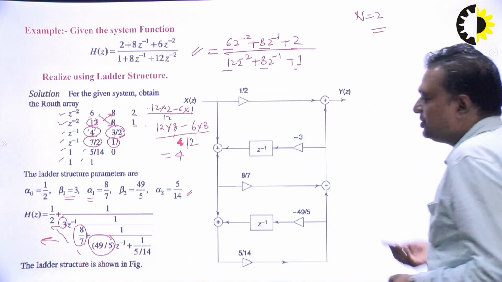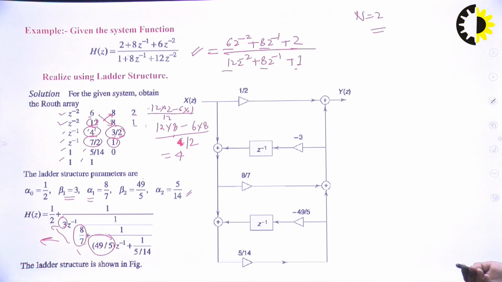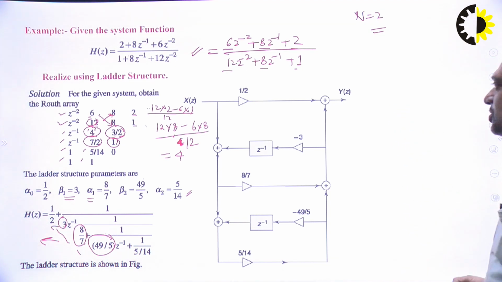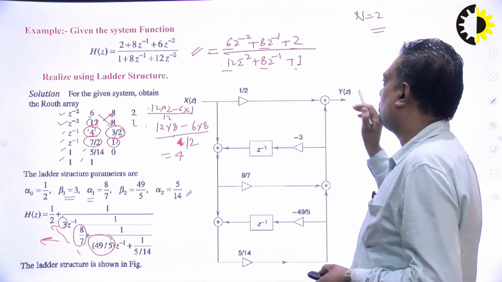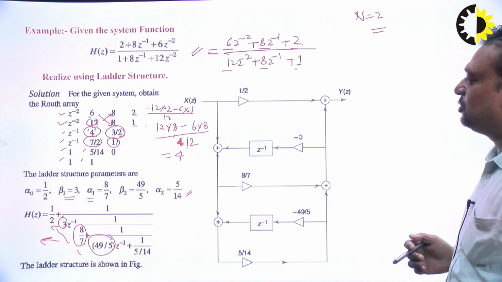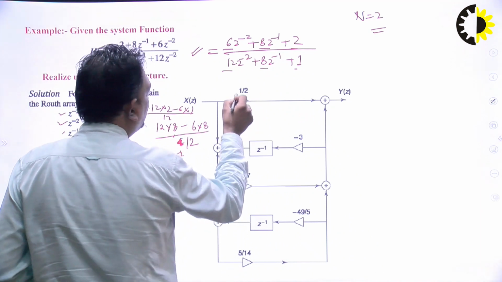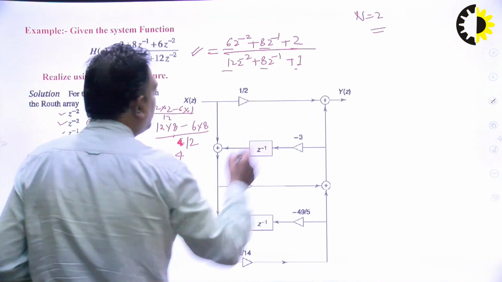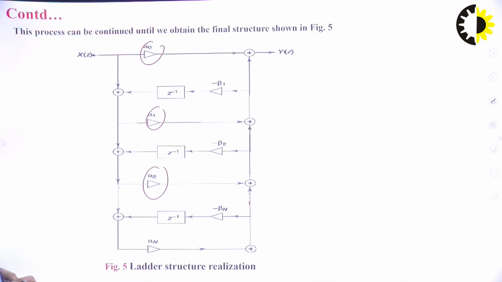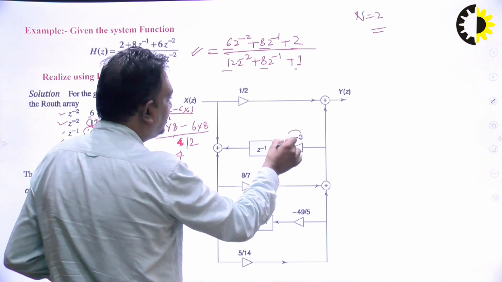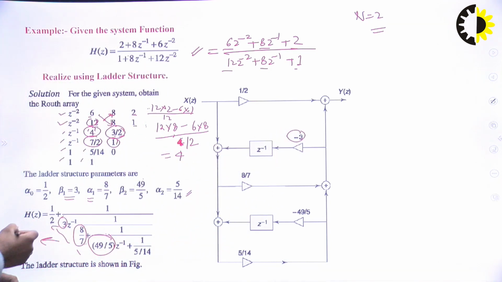Okay, now we will draw the structure. Once you have obtained H(z) in continued fraction expansion form, you can directly draw the structure like this. Here is the input X(z) and here is the output Y(z). First of all you require alpha naught, which is 1 by 2. Next is minus beta 1 and z to the power minus 1, so minus beta 1 is 3, and here is the term minus 3 into z to the power minus 1.